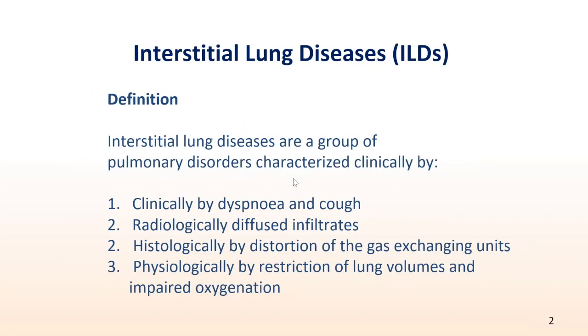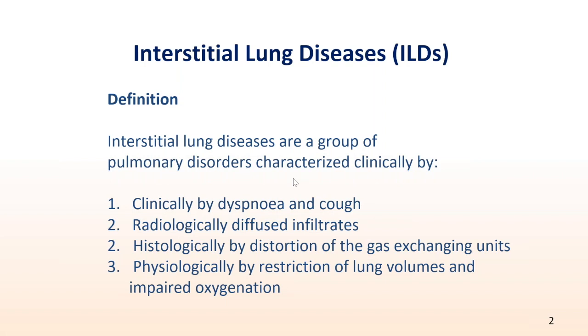Now, interstitial lung diseases, why we club them under one umbrella is because these share certain characteristics. Almost all of these 200 plus diseases have similar features. That is, clinically, these are characterized by dyspnea on exertion and cough, mostly dry. Radiologically, we see diffuse bilateral infiltrates, both on a plain X-ray chest as well as on an HRCT scan.